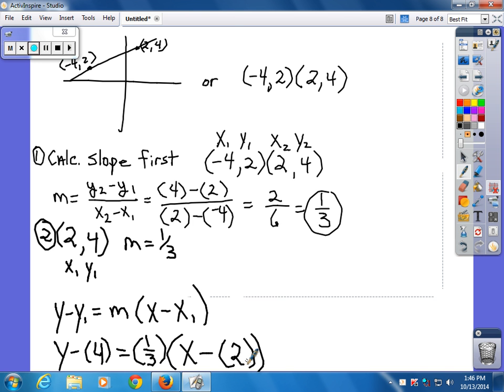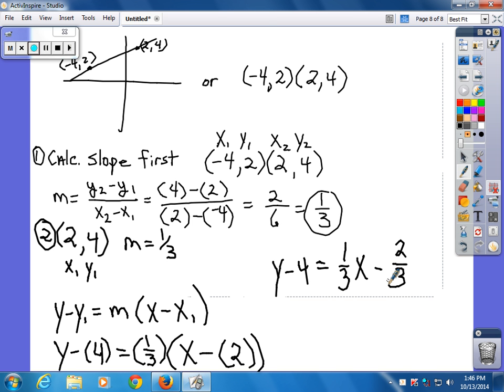So y minus 4 is equal to 1/3 x minus 2/3. All right, now this next step, I'm not going to explain how I did it.